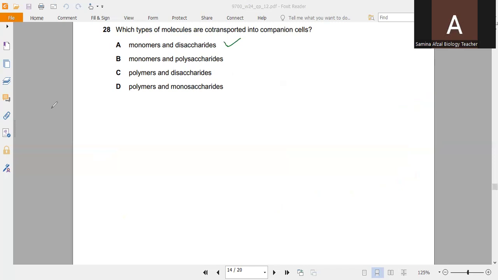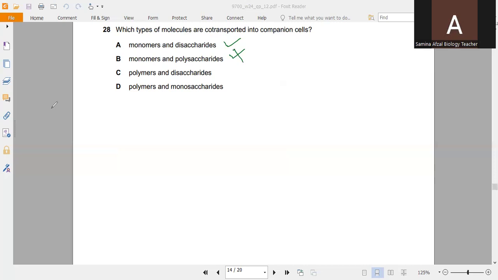Monomers and polysaccharides. Polysaccharides, you can say, are the starch molecules. Starch molecules are formed when glucose molecules are joined together to make polysaccharide molecules for storage purposes. So starch is not translocated. So this is not the correct option.